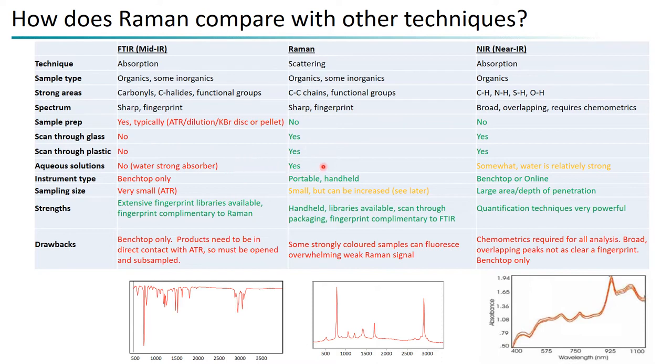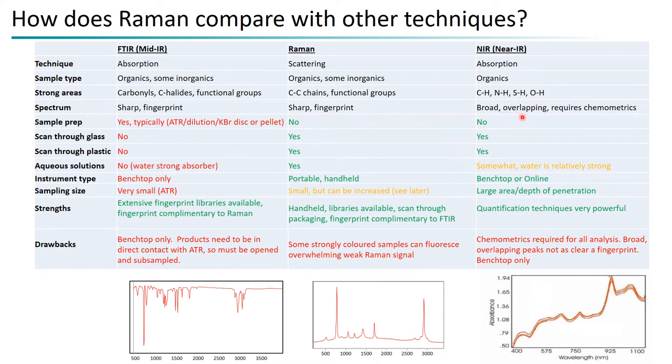And as I mentioned, Raman is less sensitive for polar groups, so aqueous space solutions are also acceptable. Comparing both of these to near-infrared, you see near-infrared also has the added ability to scan through plastic and glass materials, although you see a slight bigger interference on this side of things, and that needs to be taken into account when building libraries more commonly.